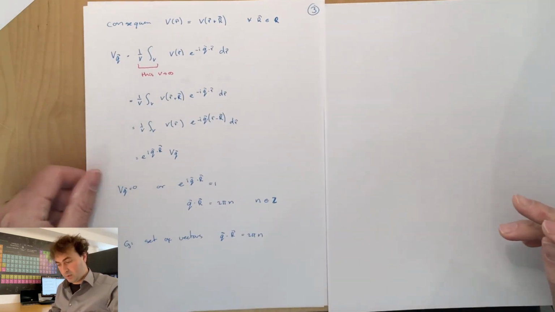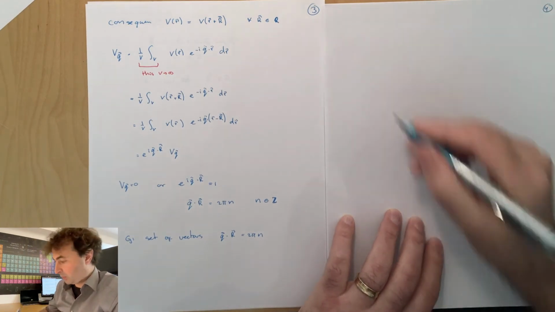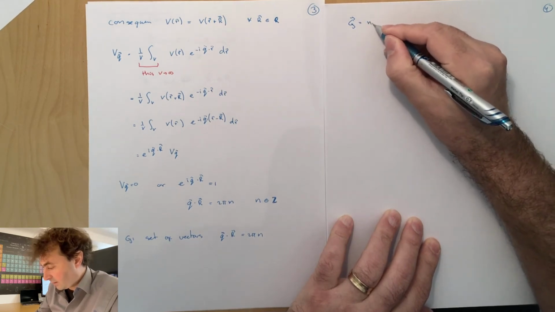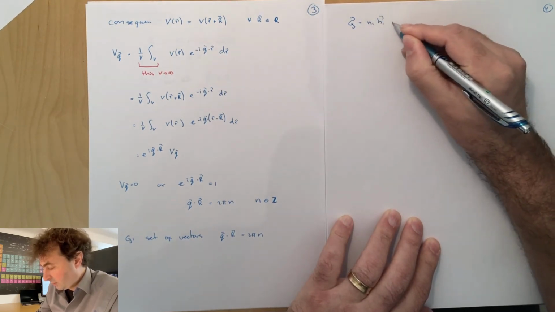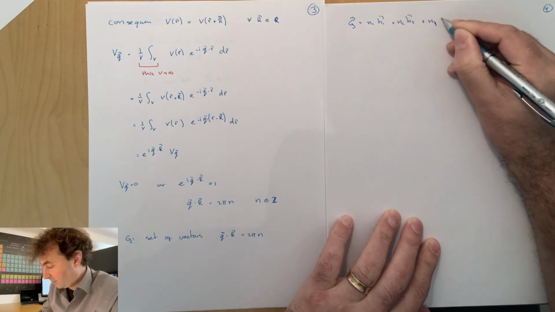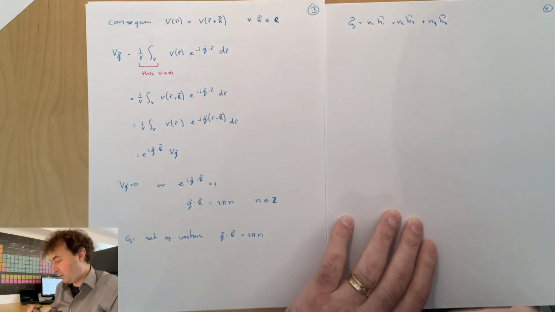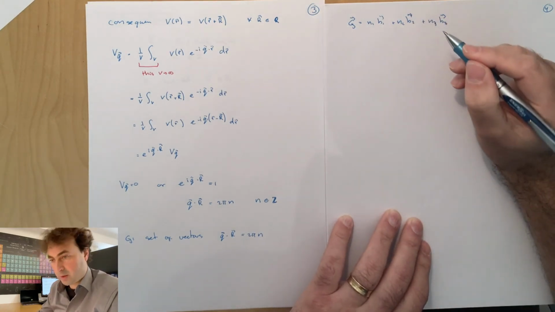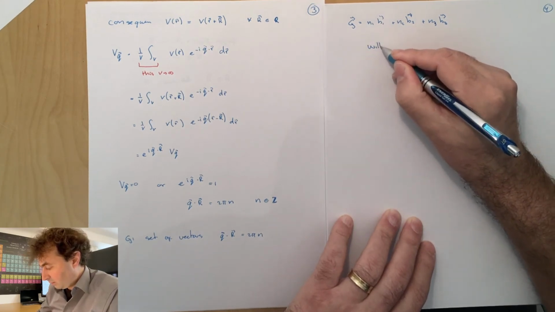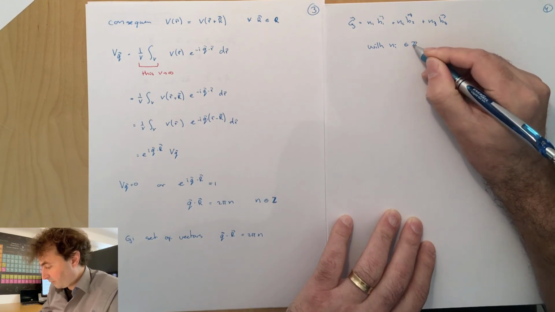And this set of vectors again defines a lattice, which is our reciprocal lattice. These vectors can be written as n1 b1 plus n2 b2 plus n3 b3, where b1, b2 and b3 define a unit cell in the reciprocal lattice, with n integers.